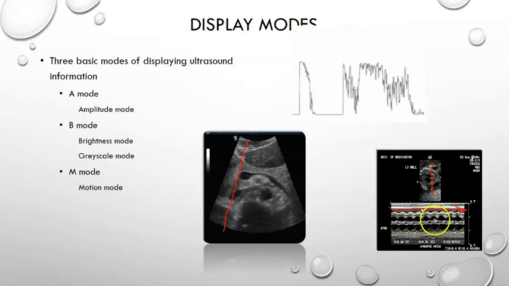So we see up on top here, in this case, the fetal left ventricle on top, the right ventricle on the bottom, and you can see how they change over time. So M mode is known as motion mode, B mode is known as brightness or grayscale mode, and A mode is known as amplitude mode. Very important things to remember.